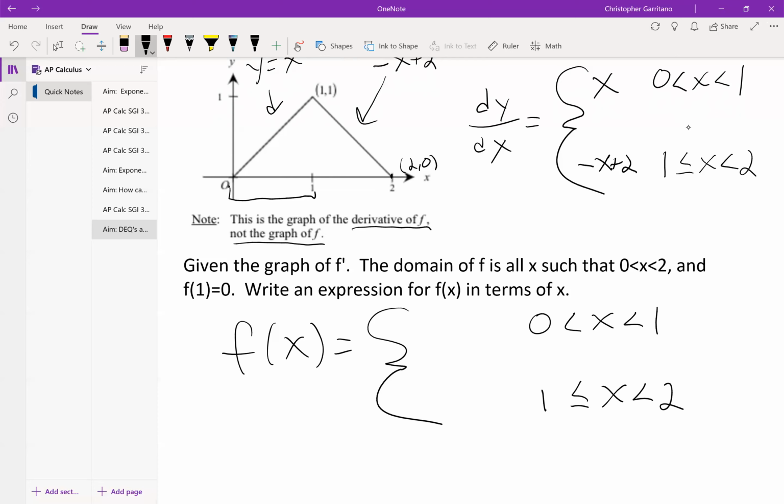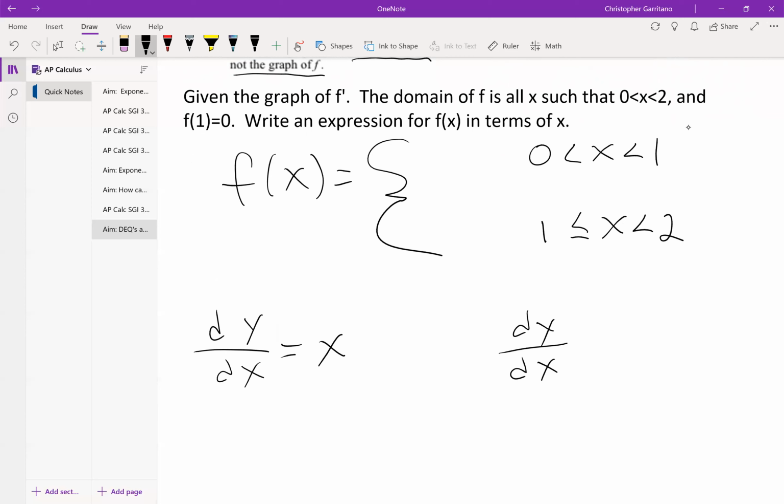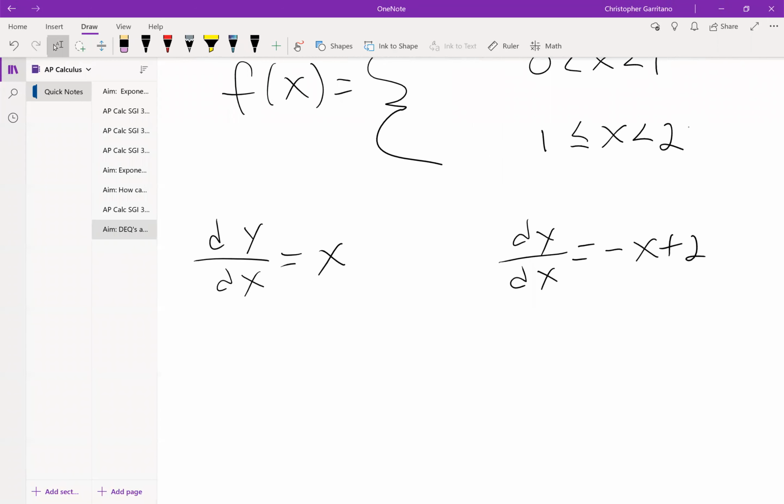Okay, so what I'll do is set up two differential equations: dy/dx equals x, and dy/dx equals negative x plus 2. At this point, it's just a matter of separating and integrating like we have done many times before.